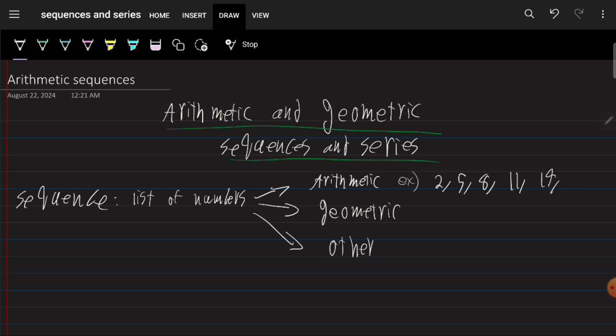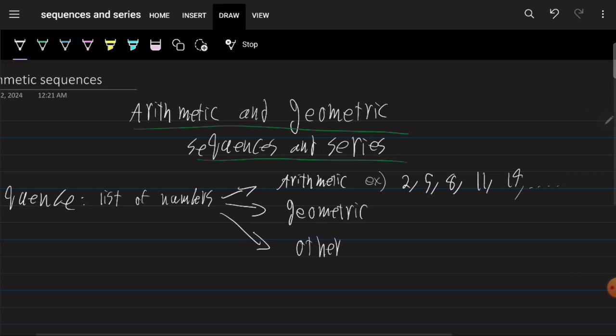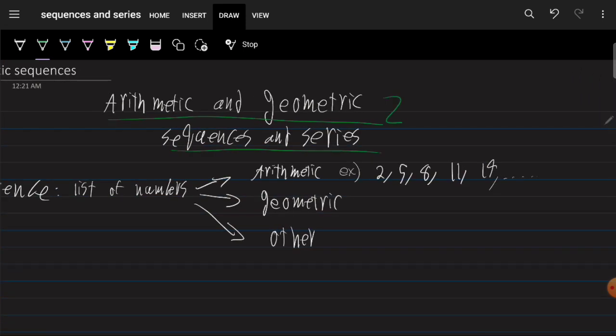Finite meaning it ends after maybe 5 or 6 or 7 or however many, and infinite meaning it can keep on going forever. So I should add that all sequences and series can be finite or infinite.